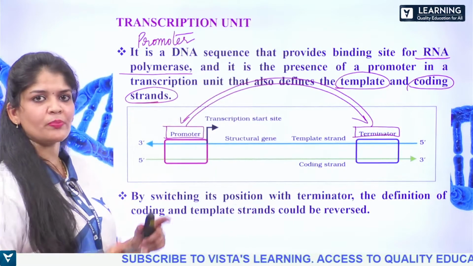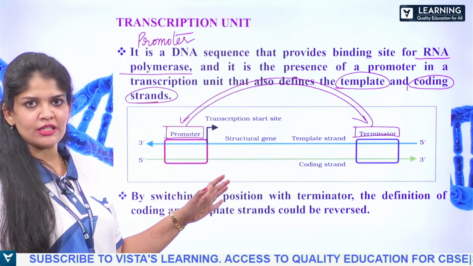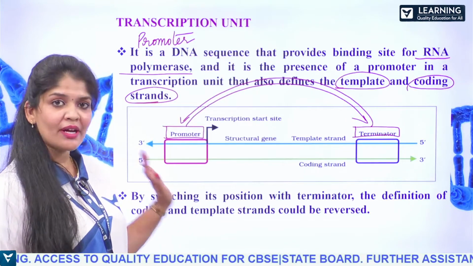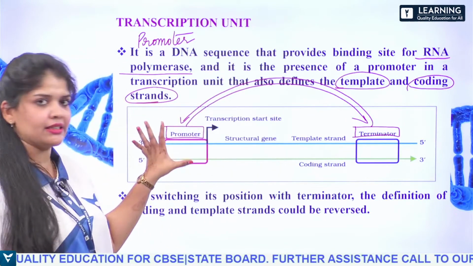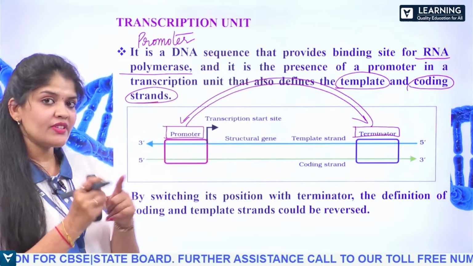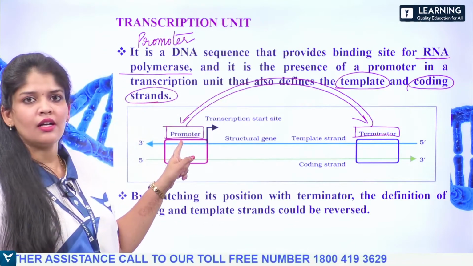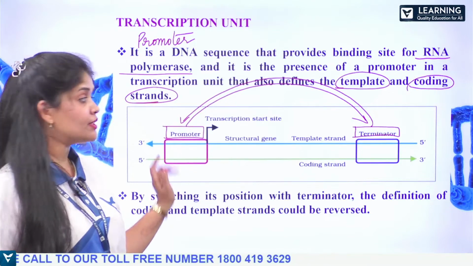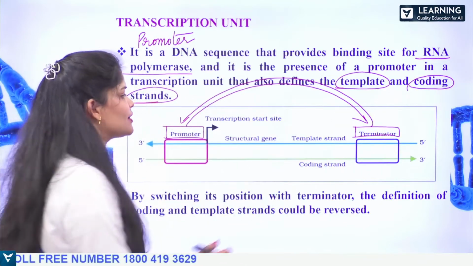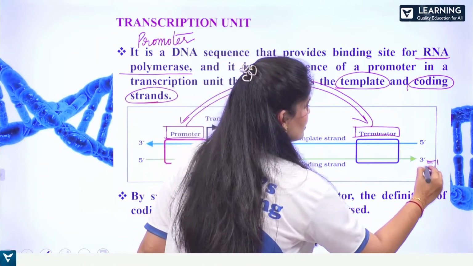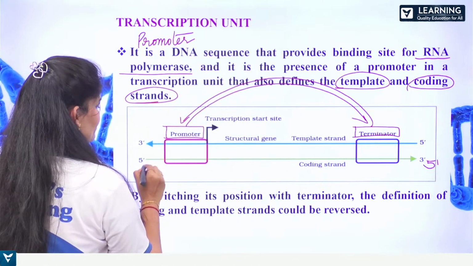We have swapped the positions of terminator and promoter. Now we have the terminator here and the promoter there. What we said, coding strand 5' is the position of the promoter. Now the promoter went to this side, so the coding strand 5' will come here and 3' will come here.